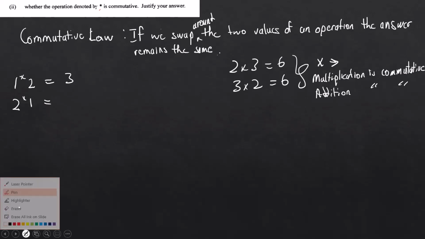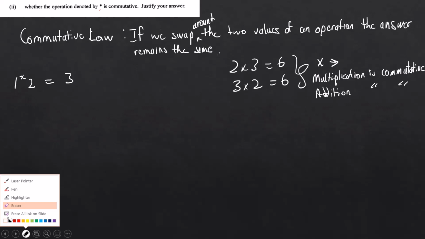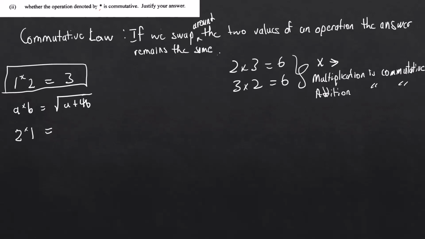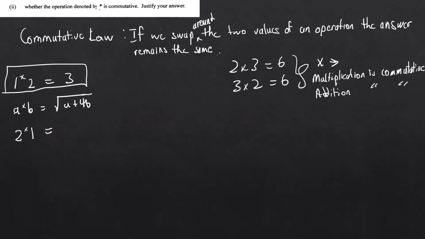Now, I don't have it on the slide, but remember it's a asterisk b is equal to the square root of a plus 4b. So let's swap the values and see if we get the same answer. So 2 asterisk 1. In this case, 2 is a, because a is always the first number. The a and the b haven't been swapped.